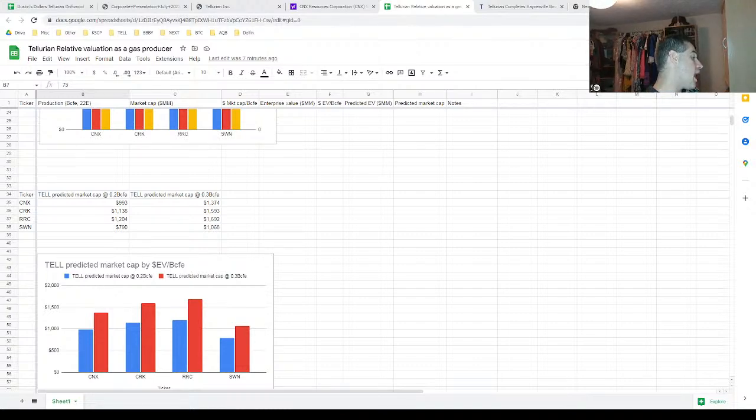Anyways, as much as we can be frustrated they haven't gotten it done yet, it's still true that the macro environment is phenomenal for this, and they're under construction. They've got a lot of cash on the balance sheet. They've got resources. I should say they have options at this point, right? Even if something falls through, I think they can come up with a plan B and go forward.